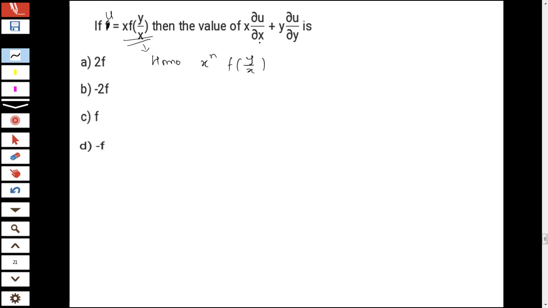So x ∂u/∂x plus y ∂u/∂y will be equal to n into u. So what is n? n is 1 here, x raised to 1, so 1 into u. So in the option also we have to change that as u and minus u. So the correct answer will be this option C.